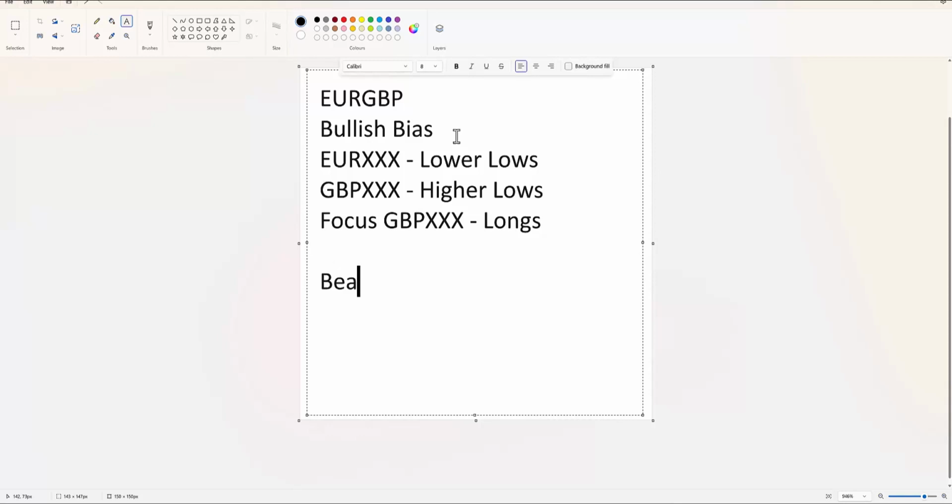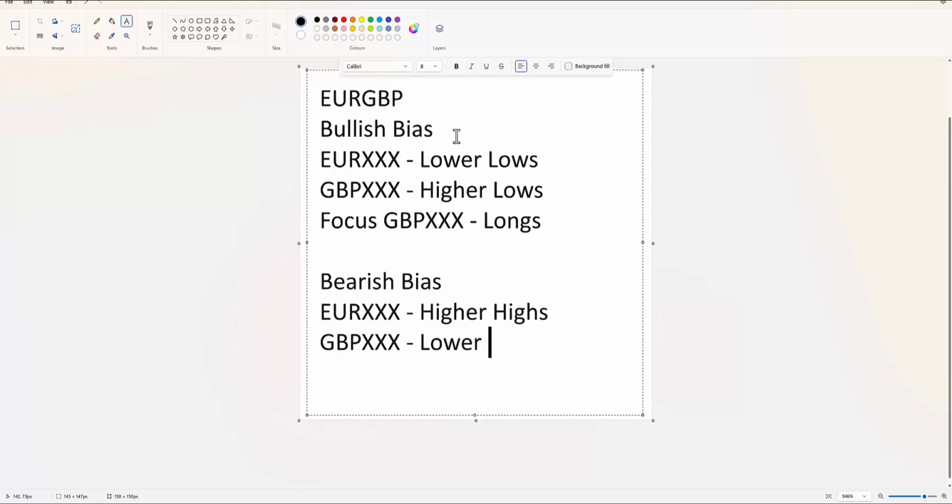Then the opposite, bearish bias, right? Euro pairs, you need to see them having higher highs, and then pound pairs, you need them having lower lows, no, lower highs. Yeah, this is lower highs.